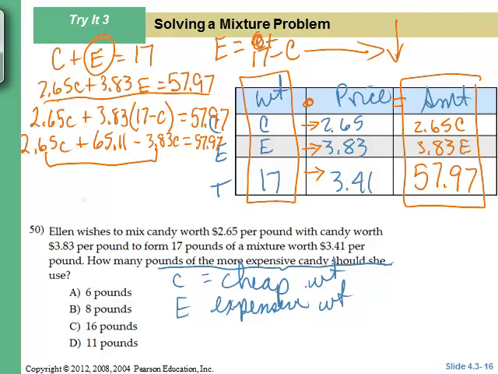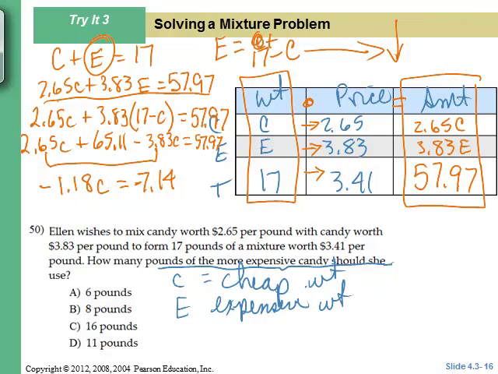Combine these two, 2.65 minus 3.83, and I get negative 1.18C equals 57.97 minus 65.11, negative 7.14.